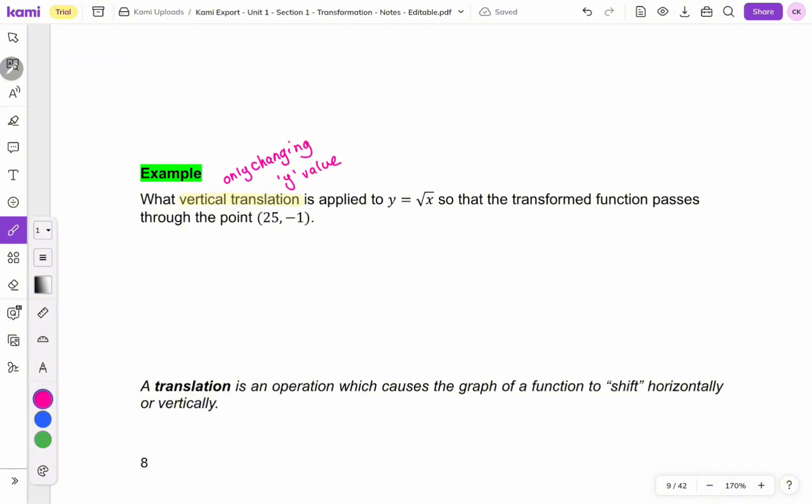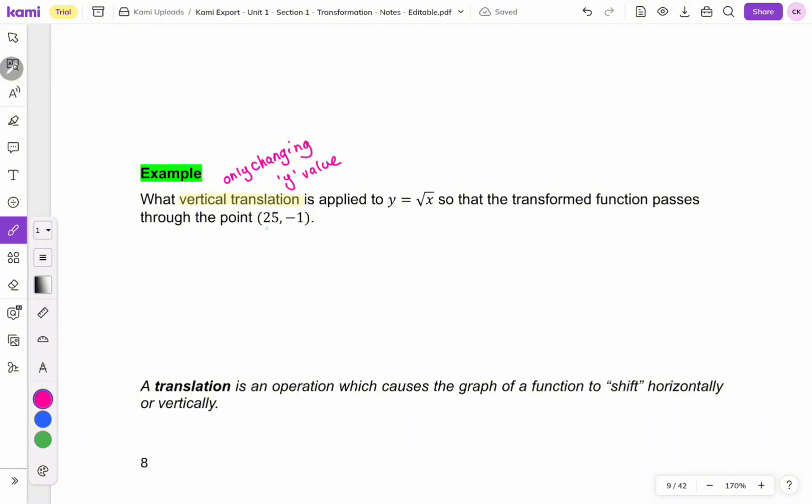X is going to stay the same because it just wants us to perform a vertical translation is applied to y equals the square root of x so that the transformed function passes through the point of 25 and -1. So in order to figure out what this transformation is, we need to figure out where we came from. And that's where knowing that we're only changing the y value comes in handy.